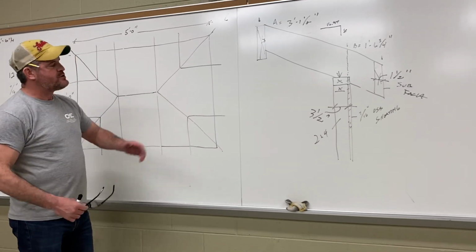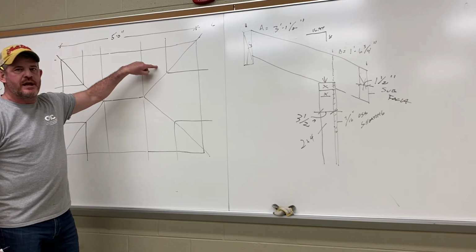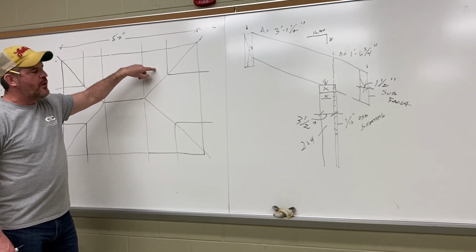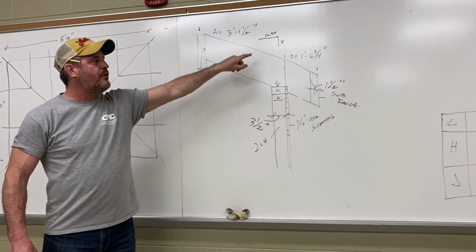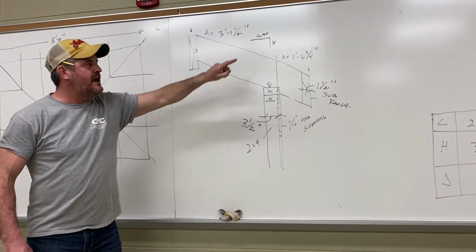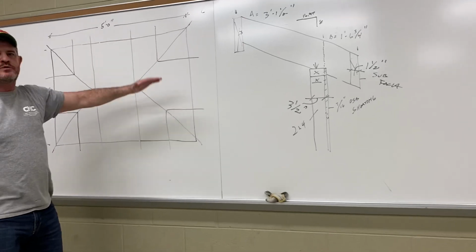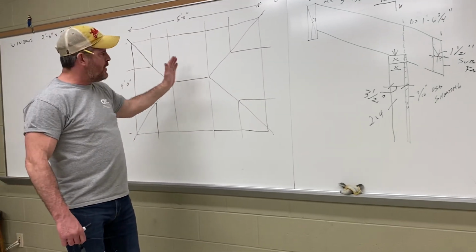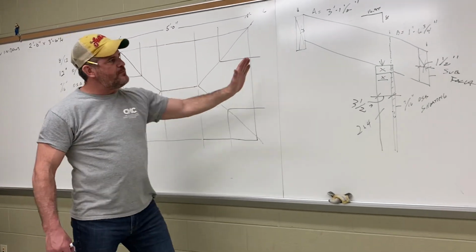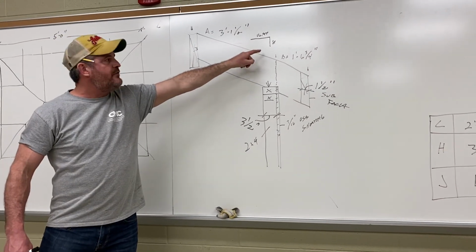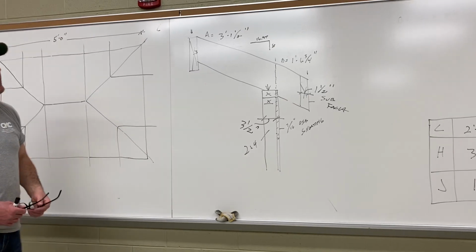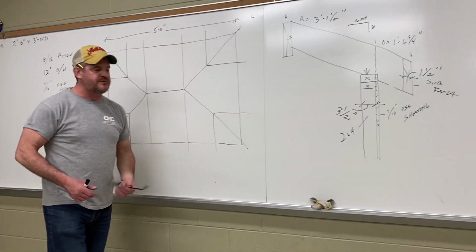That's what we did with our math: we understood it as a 45-45 triangle in plan, and then as an 8-12 in elevation. This roof will always be an 8-12 pitch, no matter what I do, no matter where I measure it. But the rafter itself is a triangle in elevation at an 8, 16.97. Rise over run, definition of slope.